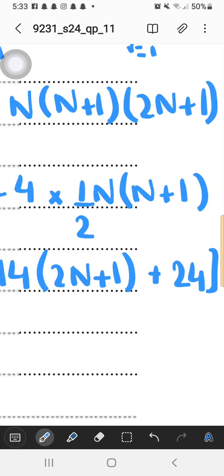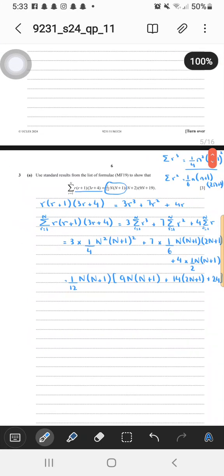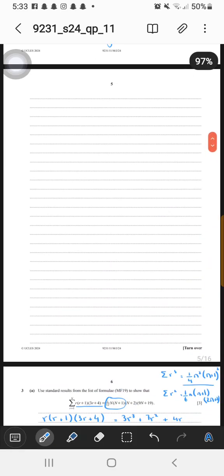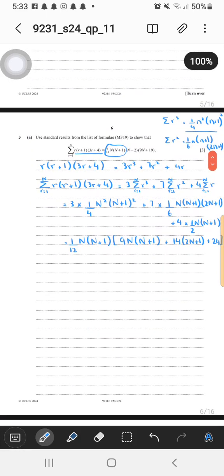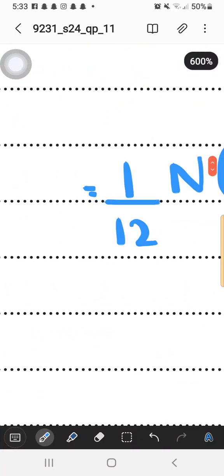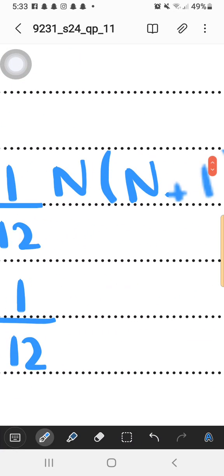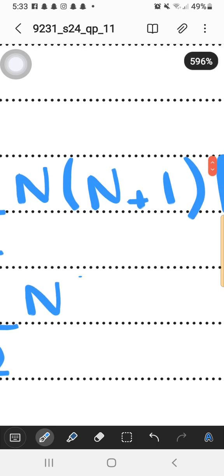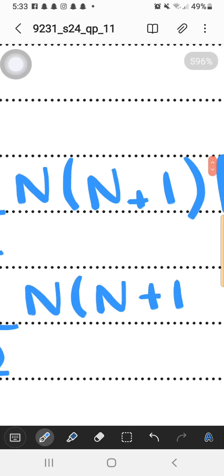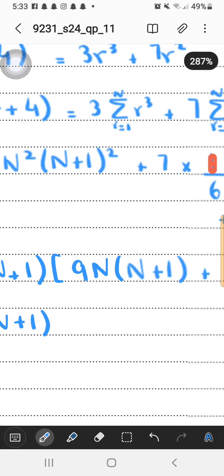So here bracket close. Now we have to simplify this and form n plus 2 and 9n plus 19. Which is not such a difficult thing. This is 1 upon 12n multiplied by bracket n plus 1. Now we have to simplify the terms in the bracket.